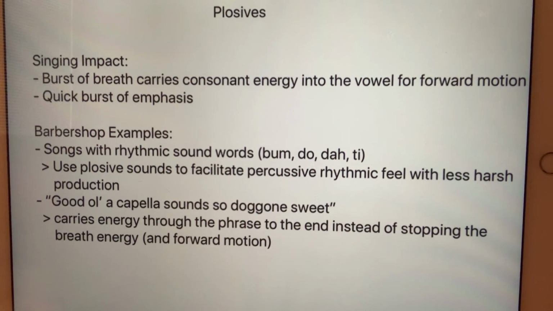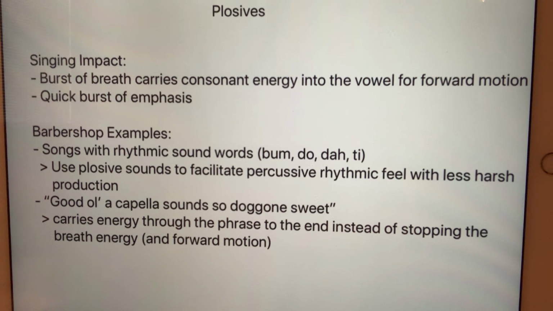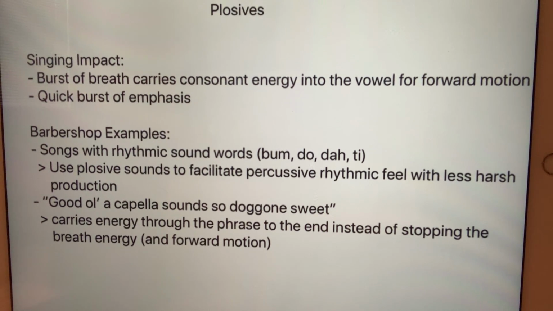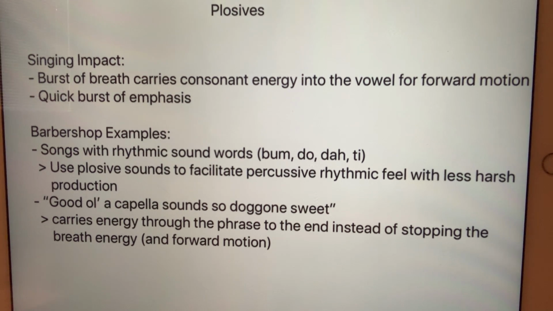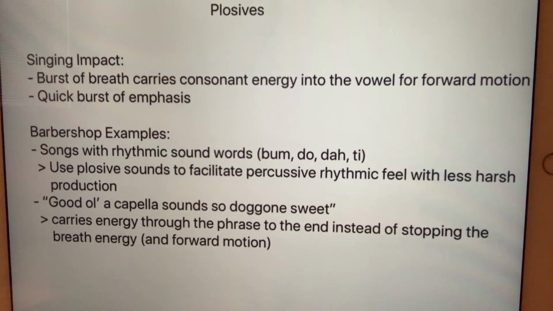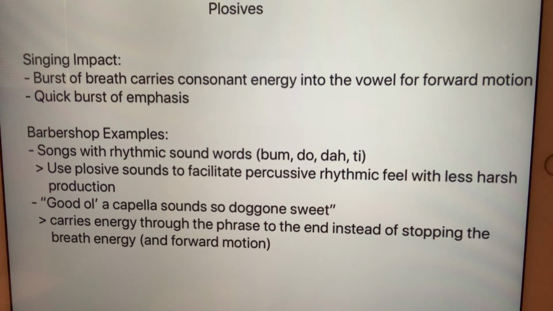So when we think about some barbershop songs, right? Anytime we have vocal percussion or any of those bum-bums or doo-doos or doo-wahs, doo-dahs, those sounds are all rhythmic, and they're not carrying meaning, but they're all percussive sounds with little plosives at the beginning.